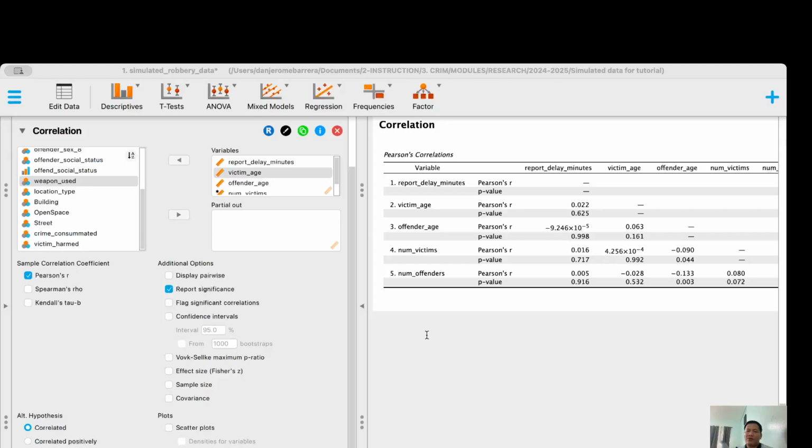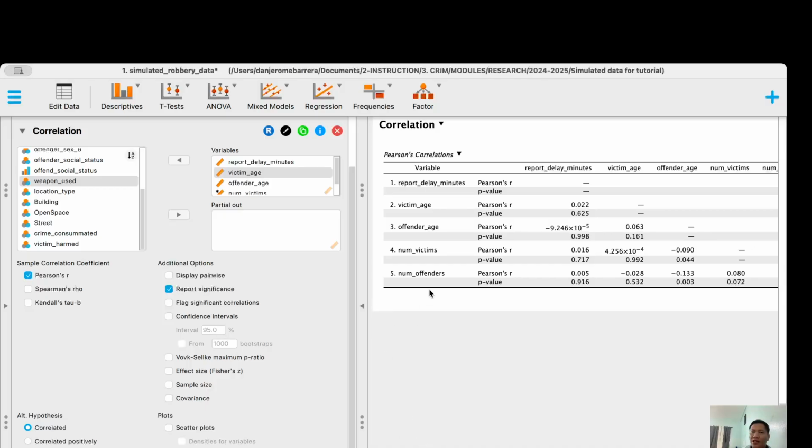The dependent variable, crime lethality, is measured as binary, whether the victim was injured or killed, or not injured or killed. For weapon use, it's measured as whether the offender used a weapon or did not use a weapon during the robbery incident. So both of these variables are categorical or binary.